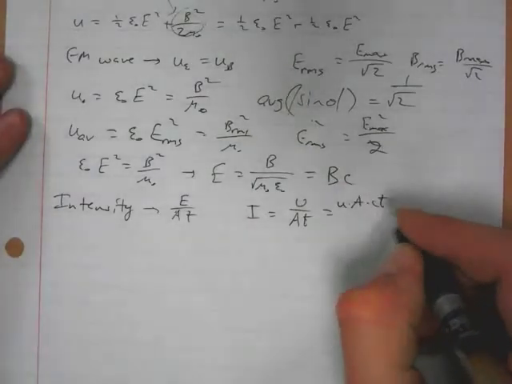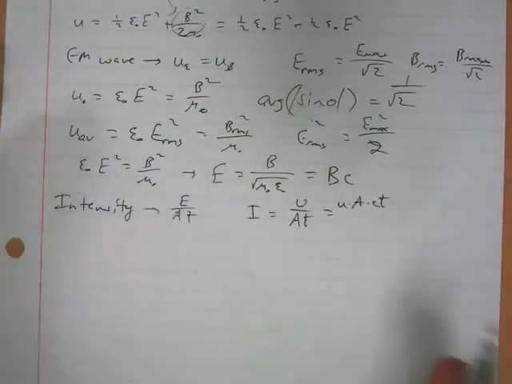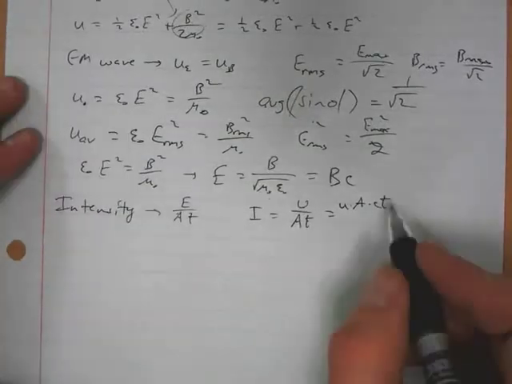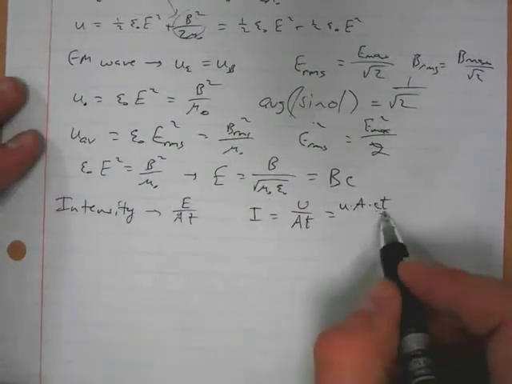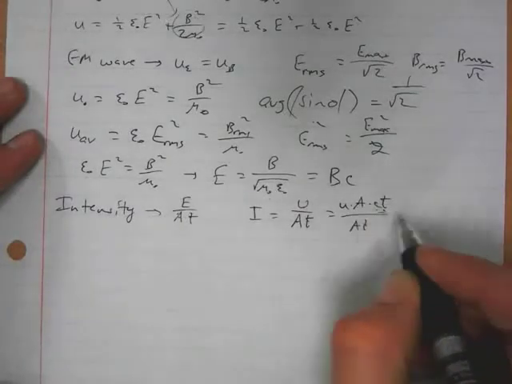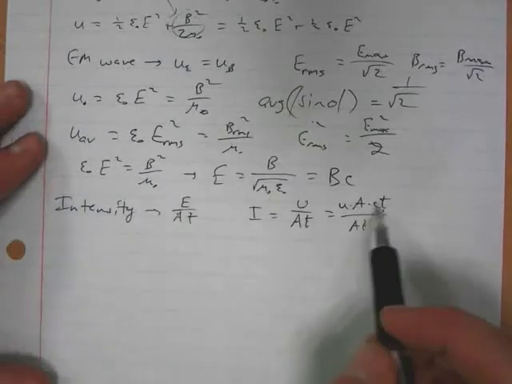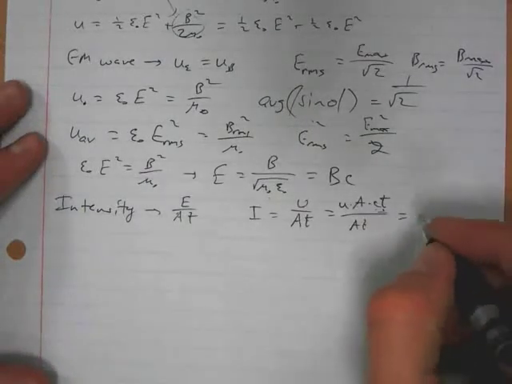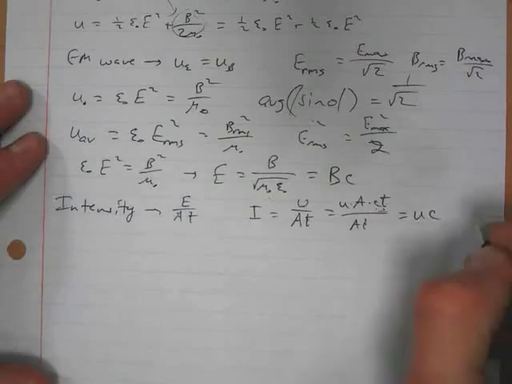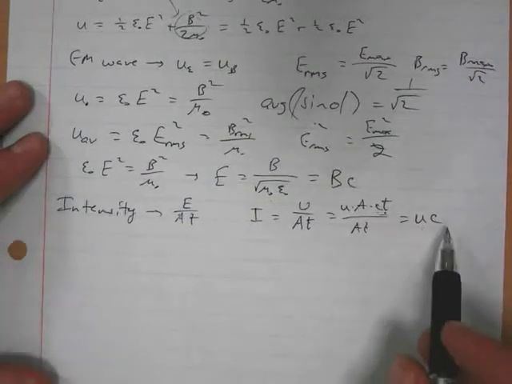So the length of wave that's hitting an area in a given time is equal to ct. So that's our volume, and that's over At. And so you notice that the A and the t cancel out. So the intensity is just equal to the energy density times the speed of light.